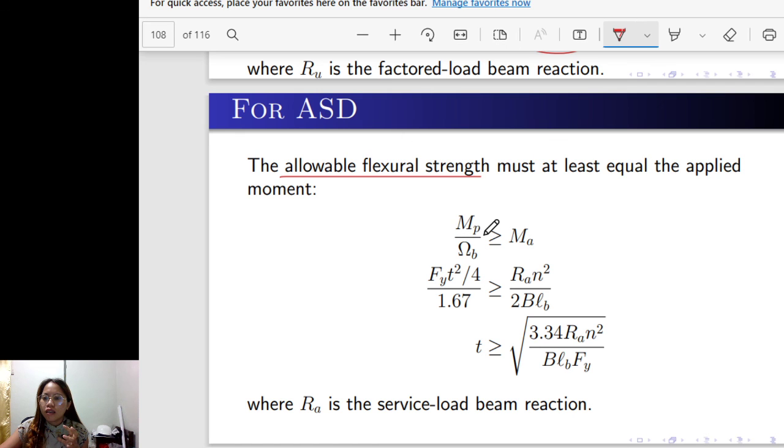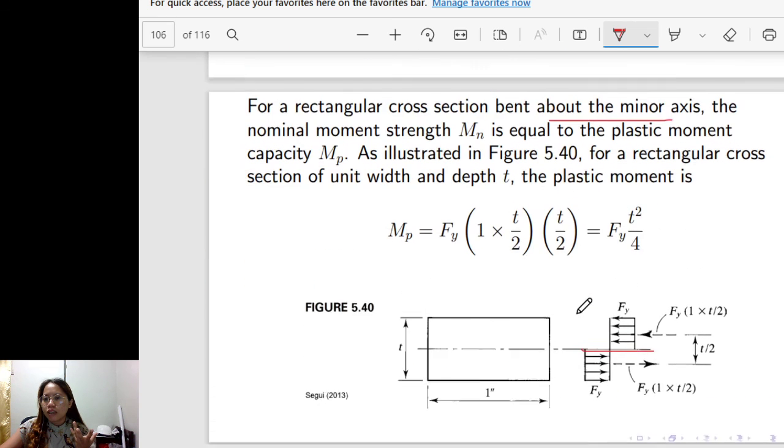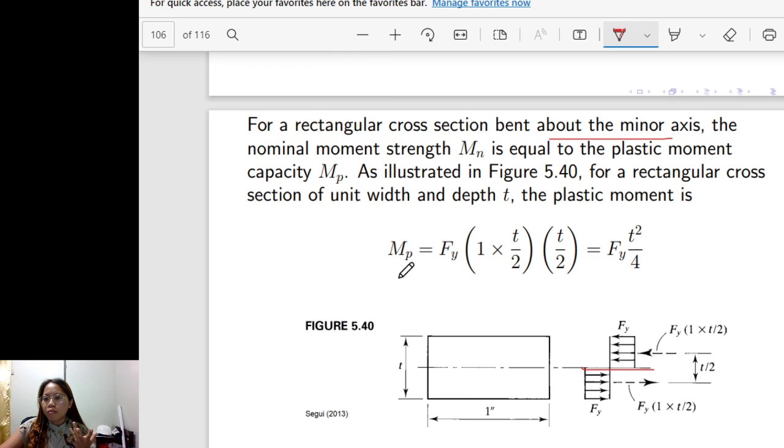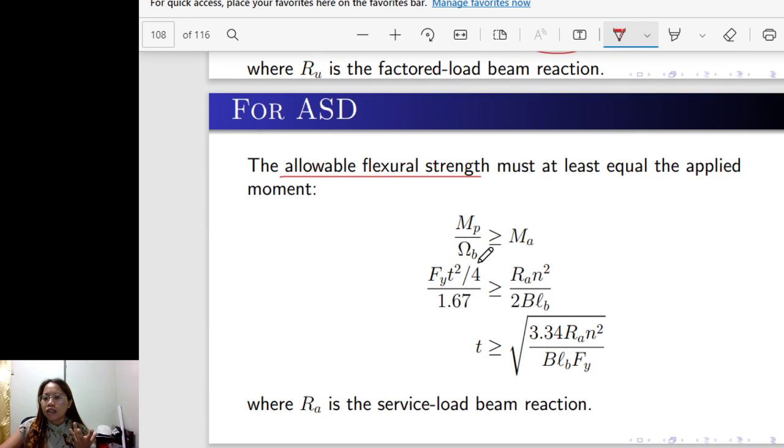So the equation that we get for the plastic moment is this one. Substitute this one to this M sub P over the safety factor.